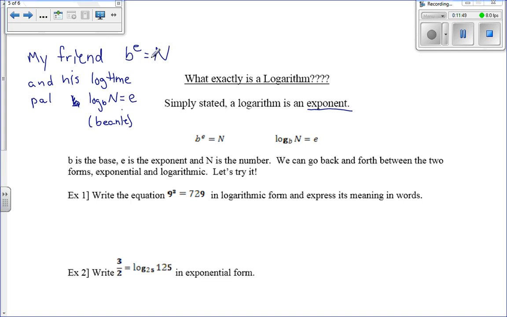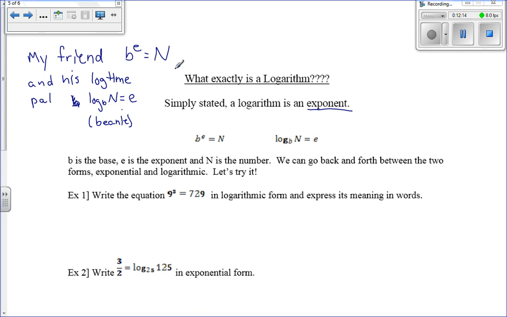Okay, Ben, you can see it's spelled Ben. B is the base, E is the exponent, N is the number, and it's log time pal instead of long time pal, because it's log base B of N equals E, which is the exponent. That's why a log is an exponent, because it's equal to E, the exponent.